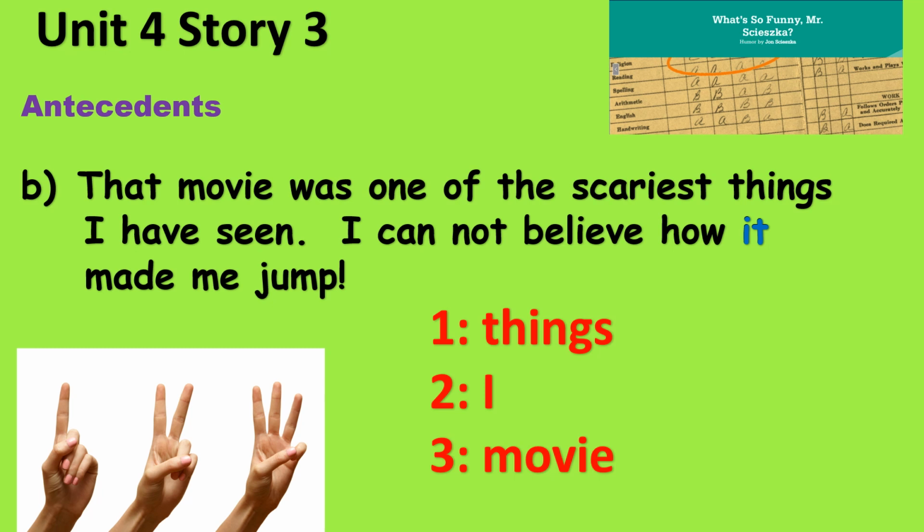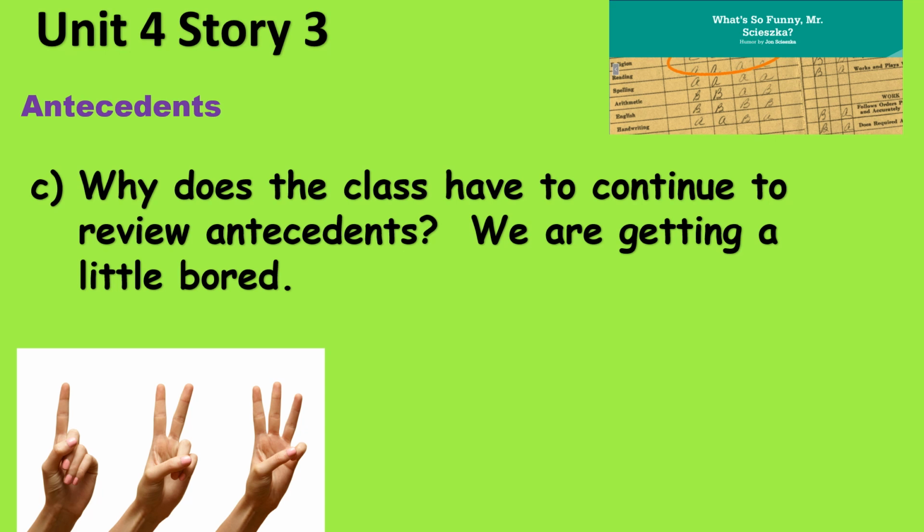So when I look at it, we're talking specifically from the first sentence, we hopefully are going to choose the word movie because the movie is what made us jump. So we have the movie in a previous sentence. So as I said, we can have the antecedent in a sentence before or a couple sentences before the pronoun that we are using.